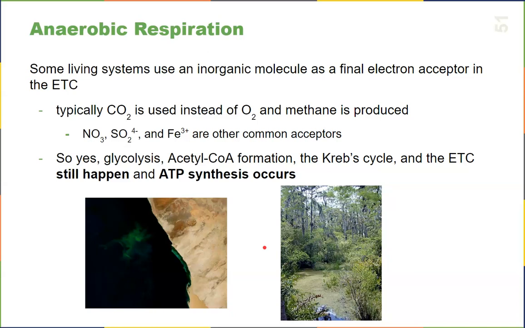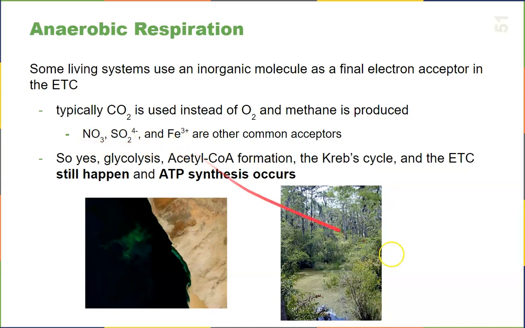So this is pretty cool because instead of oxygen, they're able to use something like nitrous oxide, sulfate, and iron instead. So their Krebs cycle and their electron transport chain can continue on normally because they're using these instead of oxygen.